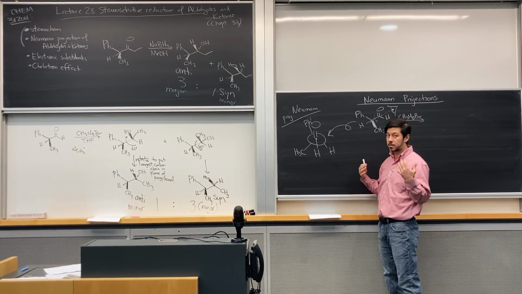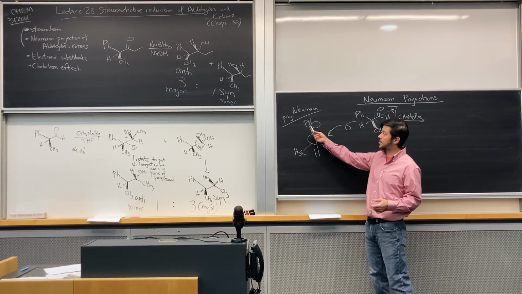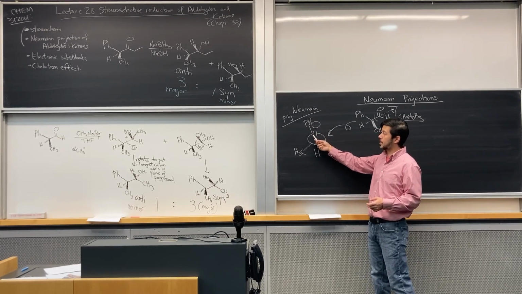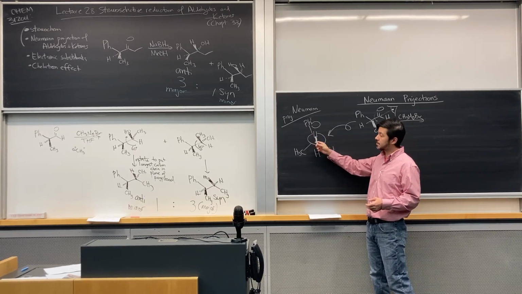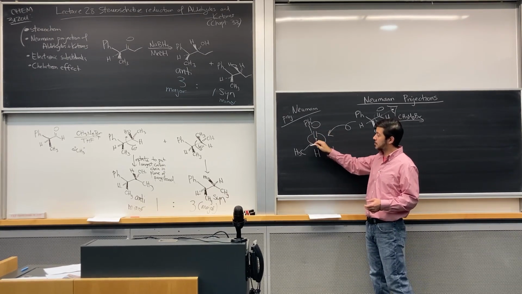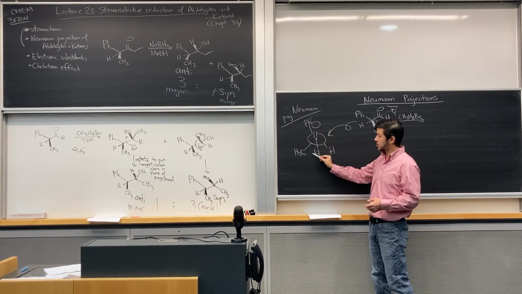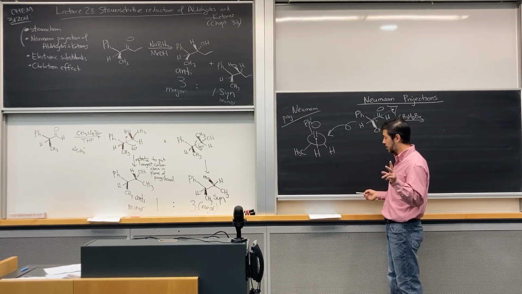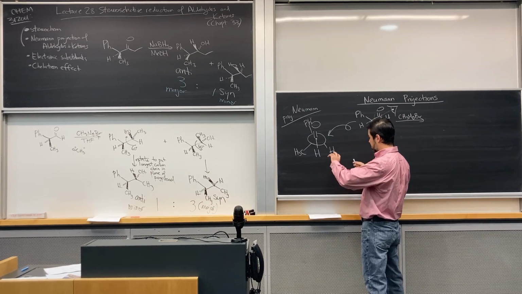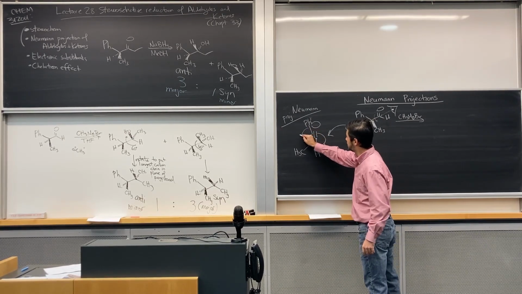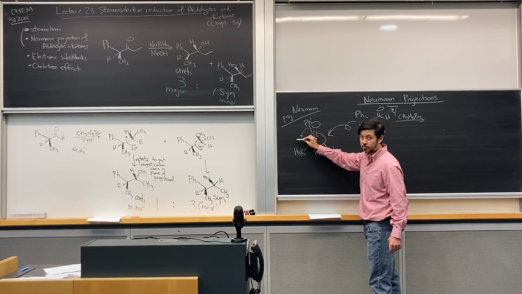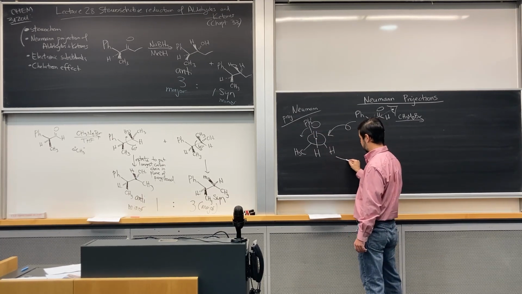So the answer is yes. Let's take this big bulky phenyl group and orient it 90 degrees away from the carbonyl group. We want to keep it 90 degrees. We don't want to clash with this hydrogen as well. So let's take a look at those two energy conformers. If we rotate this until we hit 90 degrees, what will that look like?